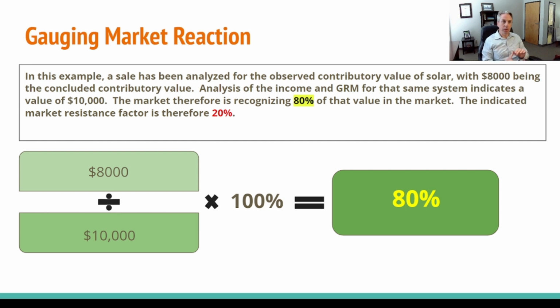You also looked at the specs for that system and analyzed the potential cost savings there, applied your adjusted GRM, and you have a value of $10,000. That is the inherent value, the should value. So what you have just recognized is that 80% of that should value, that inherent value, was recognized in the market. So you have a market resistance factor of 20%. That can be helpful to note.